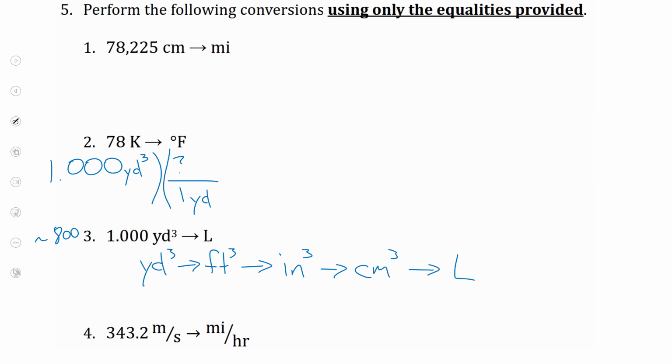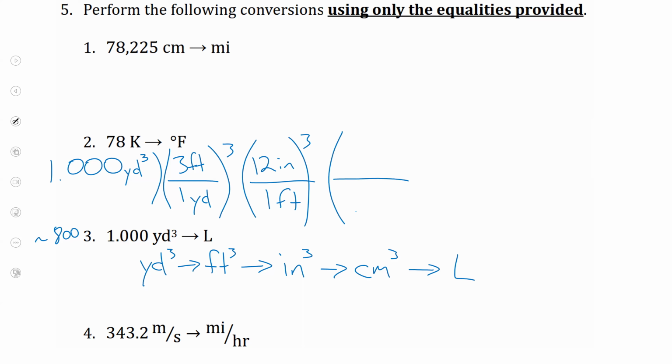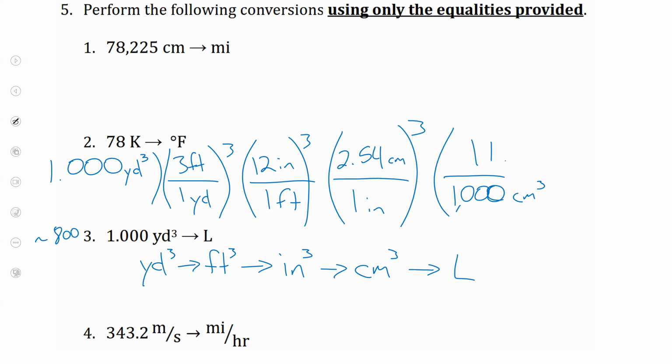1 yard is 3 feet cubed. 1 foot is 12 inches cubed. 1 inch is 2.54 centimeters cubed. And 1,000 cubic centimeters is 1 liter.